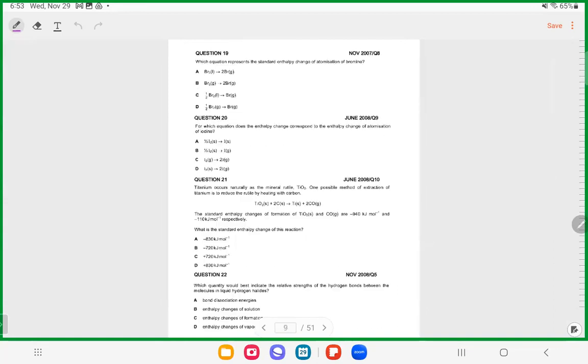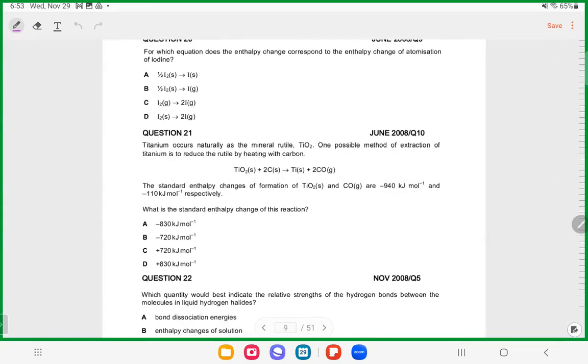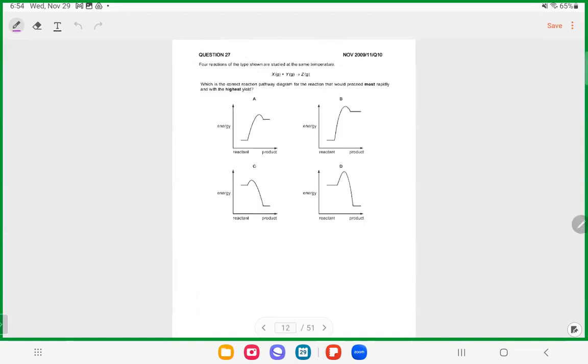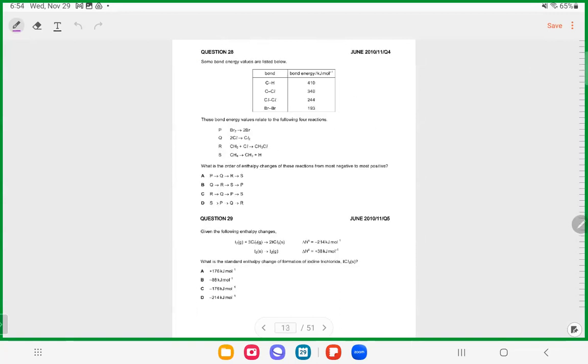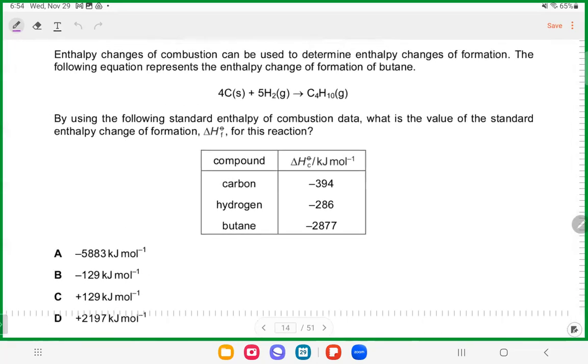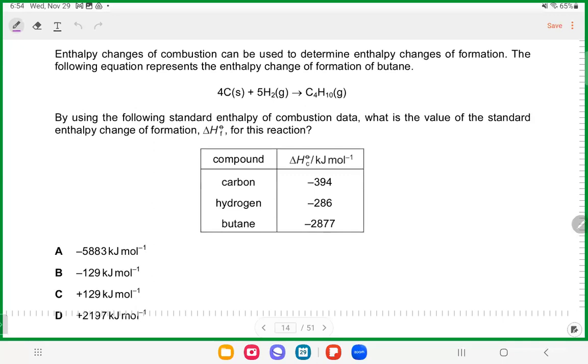कंबस्शन है कार्बन डाइऑक्साइड एंड वाटर इज कंबस्शन इज 0 बेटा. Okay, can you do this one and this? 4 carbon plus 5 hydrogen forming.